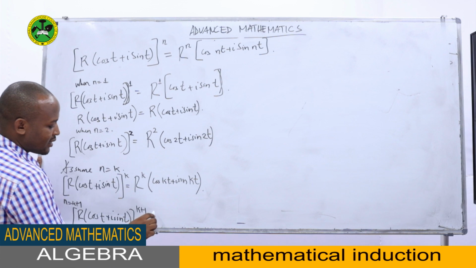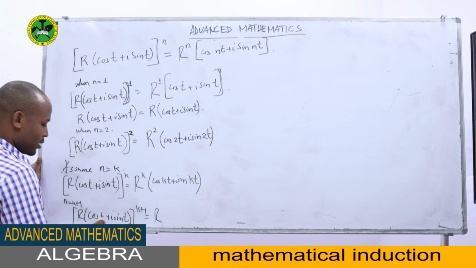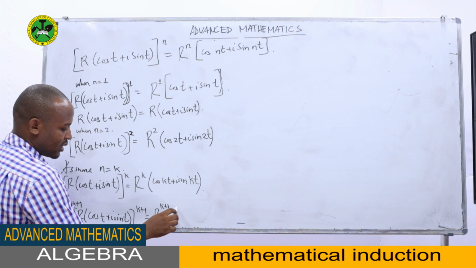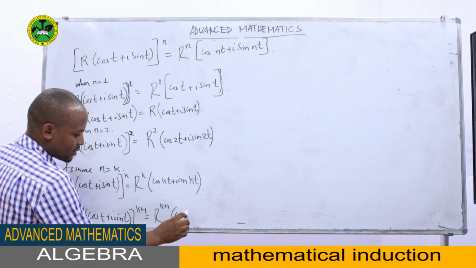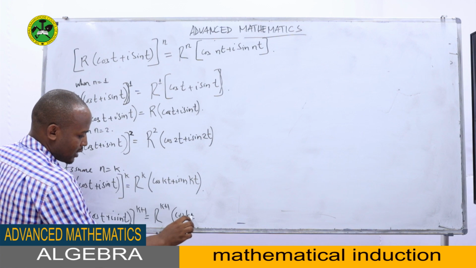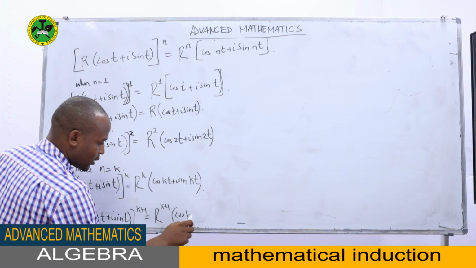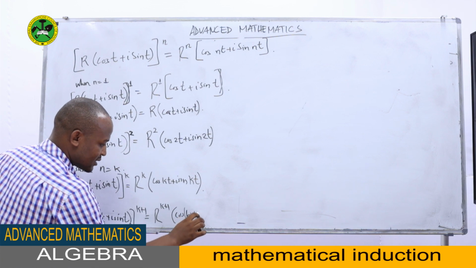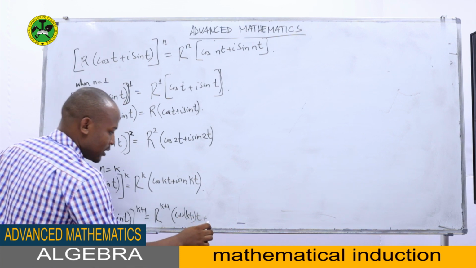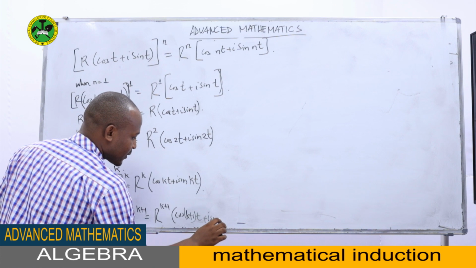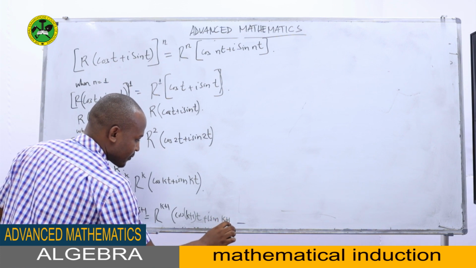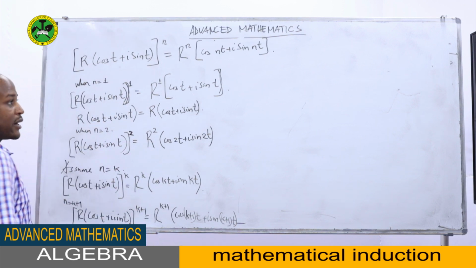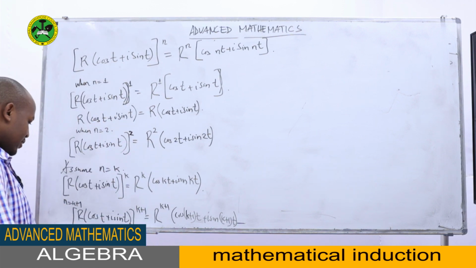It is supposed to be equal to r^(k+1) times cos (k+1)t + i sin (k+1)t. So that is what we are required to show.